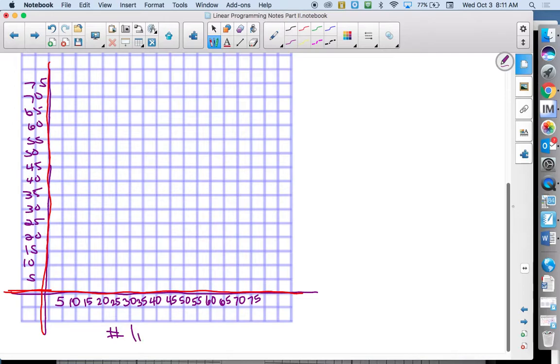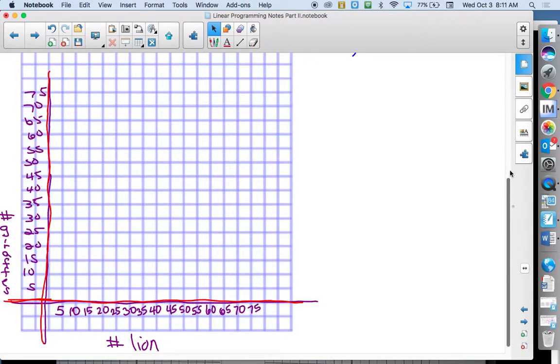So the x-axis represents our lions, the y-axis represents the giraffes. So a little bit more extra labeling going on because it's talking about lions and giraffes. We have what the x and the y represent.